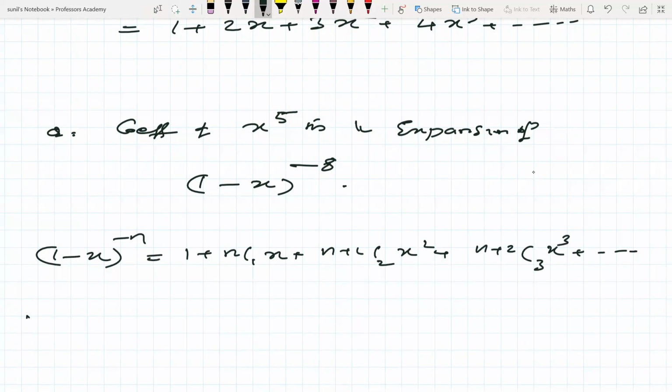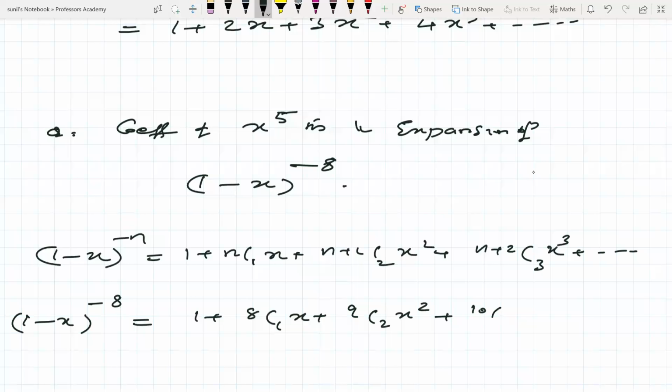So if you replace n with 8, you are getting 1 plus 8c1 x, 9c2 x square. You see the power of x and lower suffix are the same, and upper suffix and lower suffix differ by 7 also. That also we can see. Yeah, this is coming out to be 10c3 x cube.